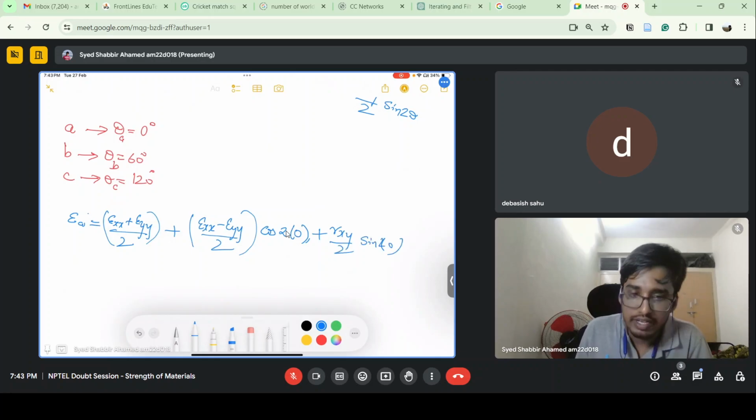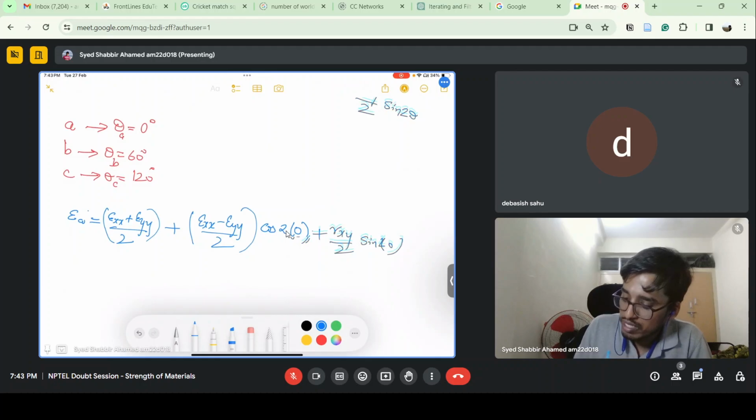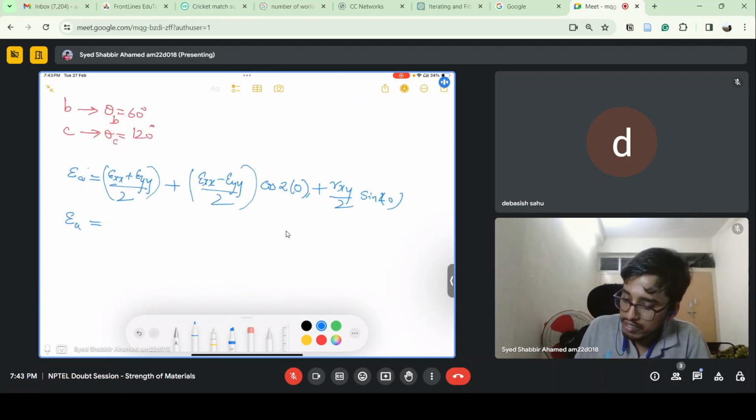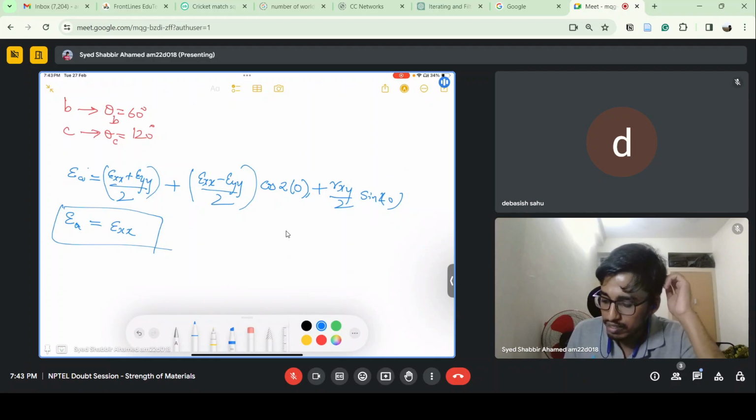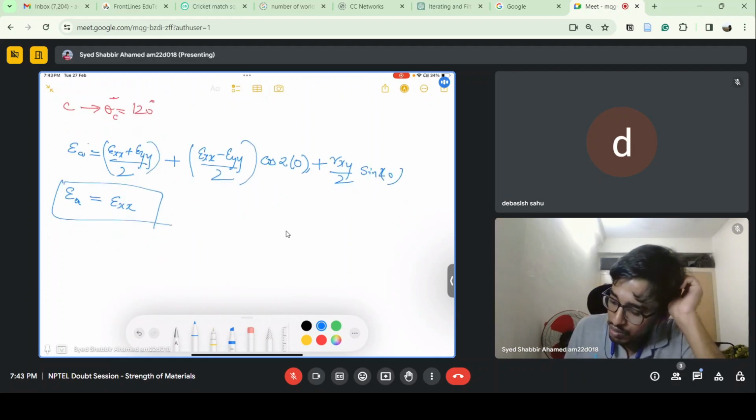For A, theta is 0, so cos 0 is 1 and sin 0 is 0. I will simply get epsilon A equal to epsilon xx. Obviously this is natural, since A is along the x direction.